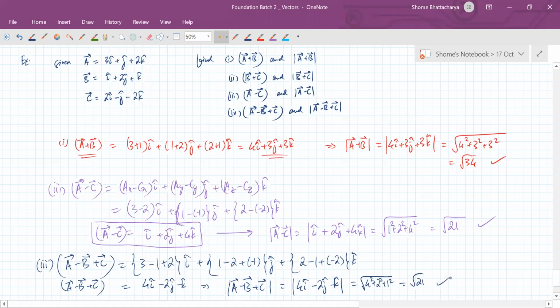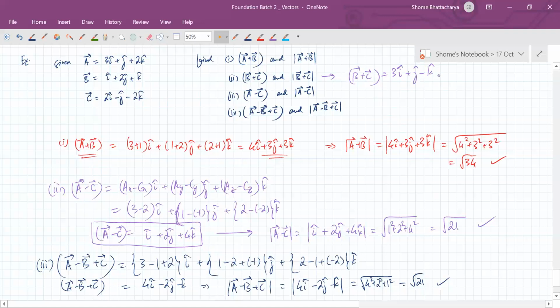Okay, so these are each of these. Likewise, you can directly calculate this and see when we do B plus C, you'll have 1 plus 2, that is 3 I cap, then 2 minus 1, so that's 1, and then 1 minus 2, so that's minus 1.